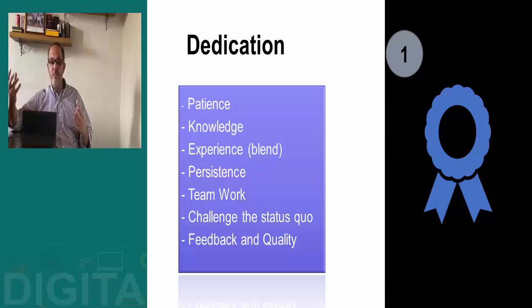You should get someone with a strong financial background, someone with a strong digital background, and someone with a strong commercial background. And then you have the proper blend. But if you get 2 engineers, or 3 people financially good, nobody will be able to drive the business digitally and commercially. Then persistence, teamwork, always challenge the status quo, and seek feedback and quality continuously.